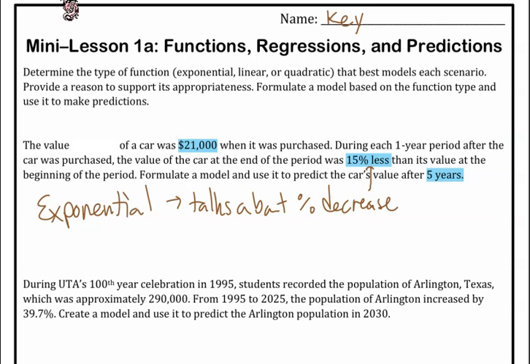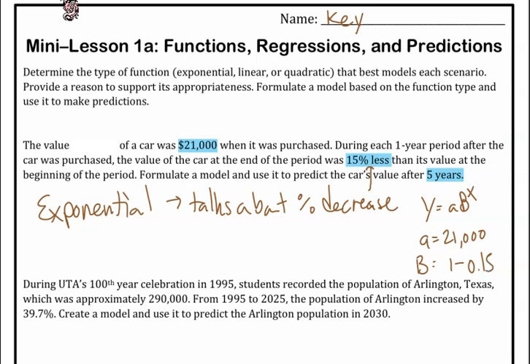A model based on this function type would be y equals a times b to the x power, where a is the initial amount and b is the growth factor. In this case, a is going to be 21,000 and b is going to equal 1 minus 0.15.